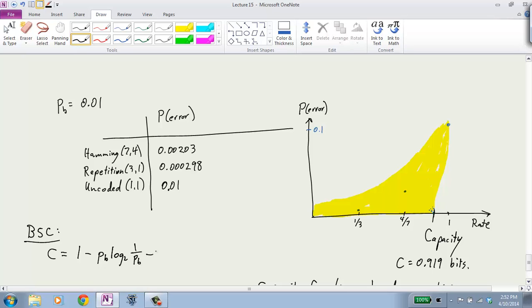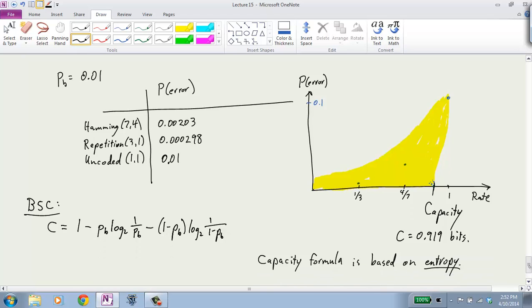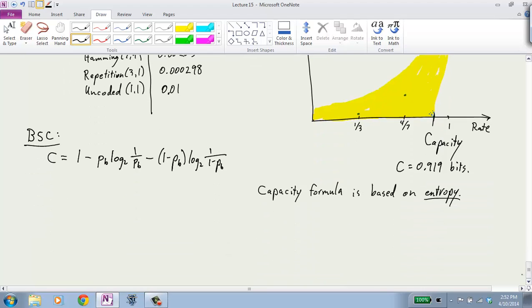You might recognize what I'm subtracting here is this entropy function we've been looking at. So that's the answer for capacity for this particular set of channels. If you were to graph it, it's just 1 minus the binary entropy function, which we've already looked at. So this is C, and this is PB, and it's just like this.